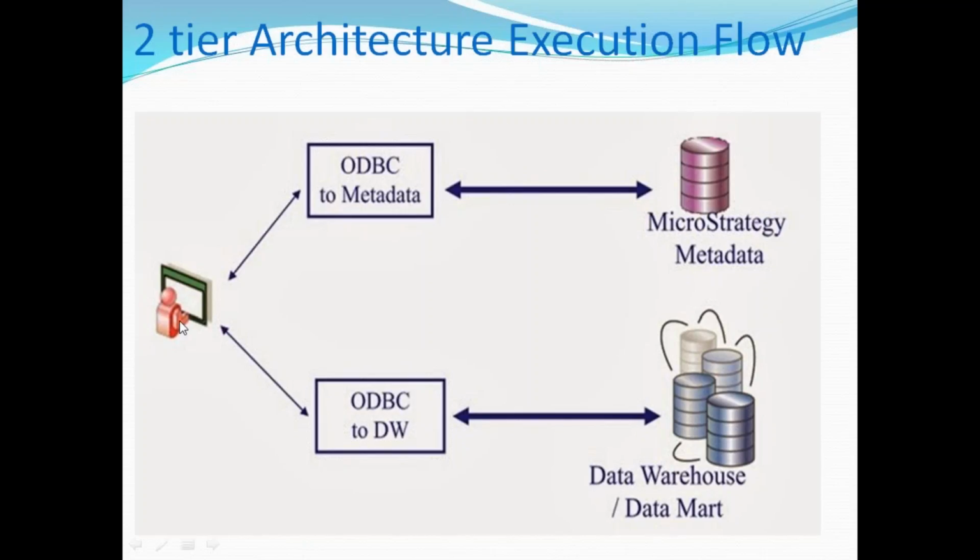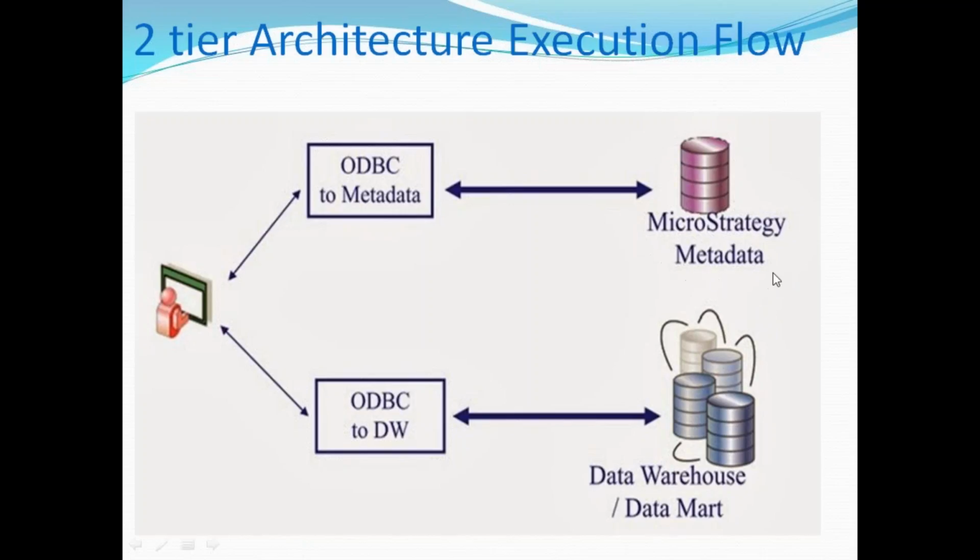In the developer interface, you as a developer are going to create public, schema, and configuration objects. Whatever object you create, that definition is going to be stored in the metadata. Be it public, schema, or configuration, all objects come and store in the metadata.